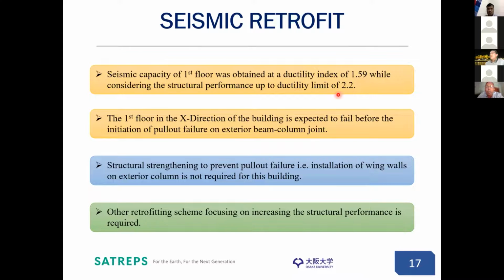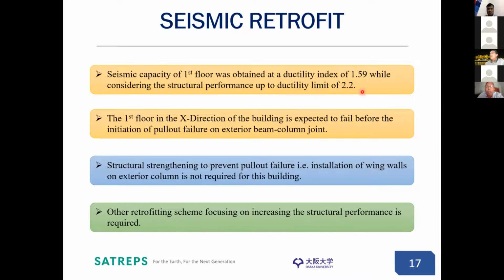And as found experimentally earlier, pullout occurs at a ductility limit of 2.2 or higher. So this particular floor will never get to that deformation limit where pullout can initiate. Even though it might have the worst condition of anchorage, it will fail in other failure modes before that can initiate.